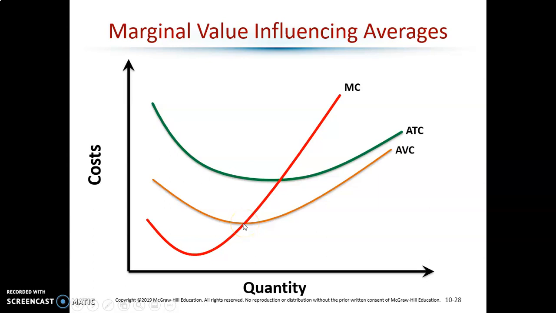And when you look at the math that goes into these things, it's beyond the scope of this class to go into it, but you can check for yourself to verify that the minimum point for average variable cost is going to be exactly equal to the marginal cost at that production level. When you haven't reached the minimum yet, it's going to be greater than marginal cost at that production level. And when you're beyond that minimum point for average variable cost, it's also going to be less than marginal cost at that production level.